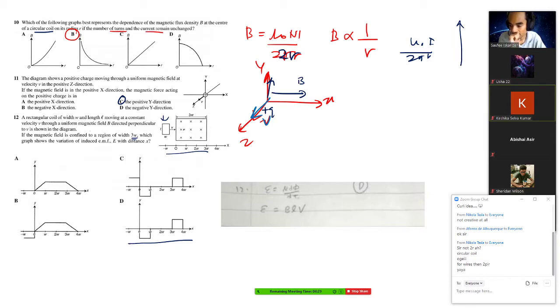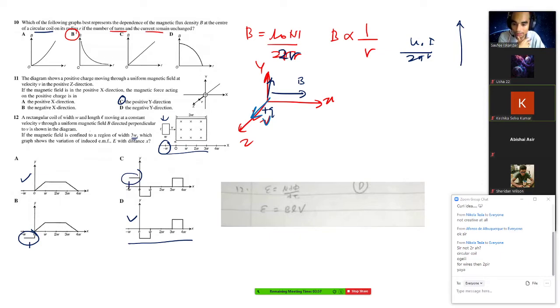When it's outside the magnetic field, no EMF is induced, and when it's completely in the magnetic field, no EMF is induced. So you can see that it's either A or D, because you cannot have a magnetic flux change at this part. There's no EMF induced here. See, this one and this one are away, so they're not the answer already.